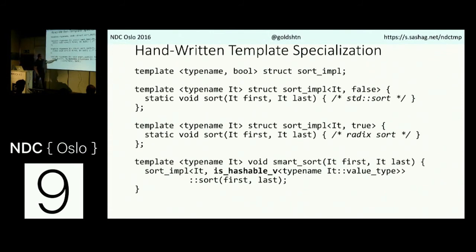So sort impl of my iterator type and either true or false just picks one of the two class template specializations we had over here, and then I invoke the static sort method on that, passing in my iterators. So we have just successfully picked one of two implementations based on a Boolean property of some type.